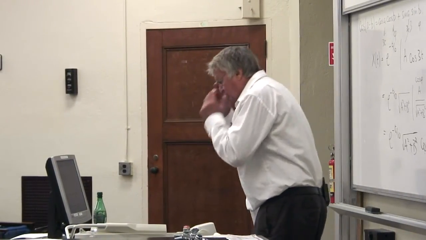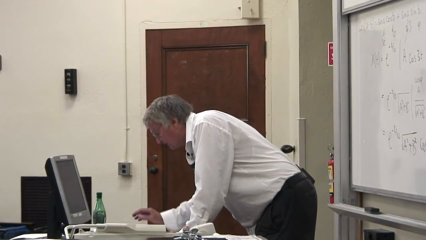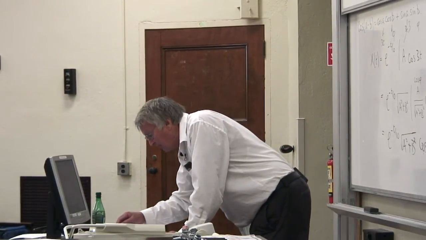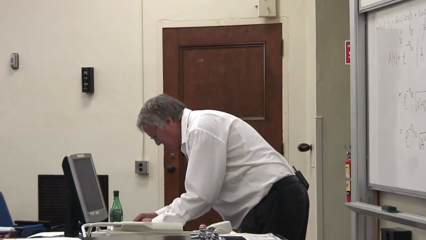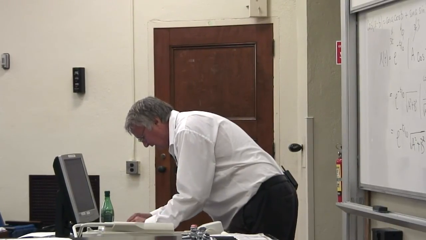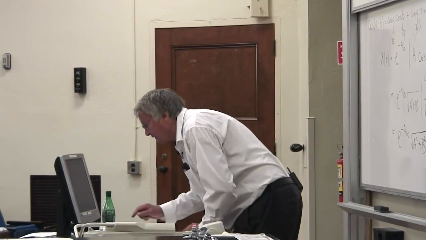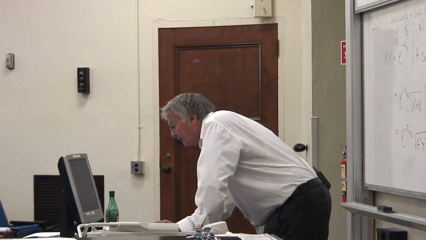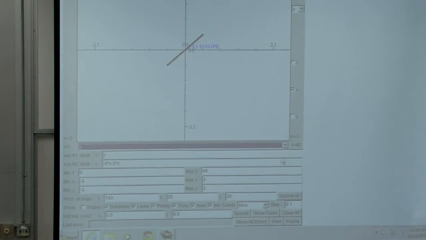Now I want to go back to our first example and just show you something else. The first example we did was minus 4 times y minus 3 times x. All right. And now I'm going to go to the y versus x thing again.